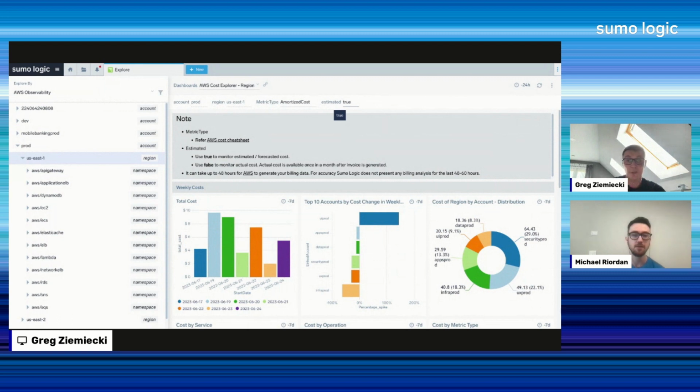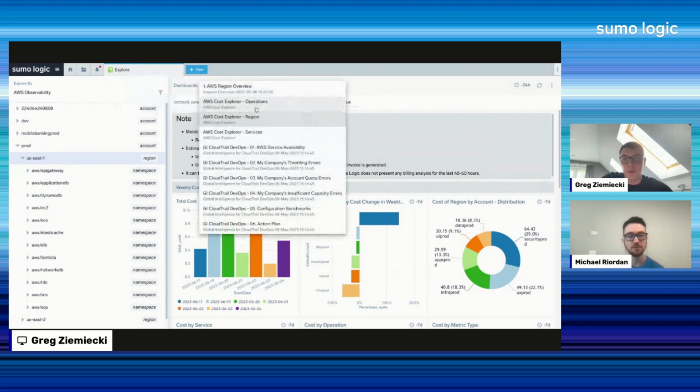Yeah. The power of the data that we have is that we are not only able to look at accounts, because that's quite high level, but we can go deeper, right? We can go also to the services level and the operations level.